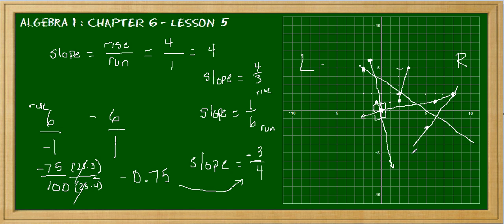So you should be able to determine that by just looking at your graph and taking some of the points and determining what your slope is and what your y-intercept is. And this is going to lead into the next lesson, which is going to be an even easier way to graph. You should be able to note something when you look at these, and if you don't, we'll definitely be covering this in the next lesson.